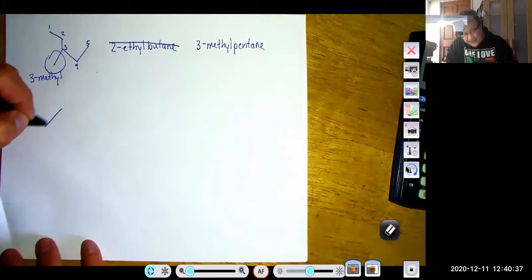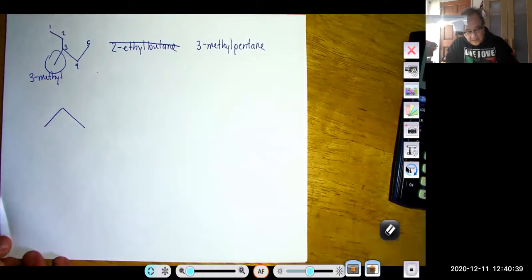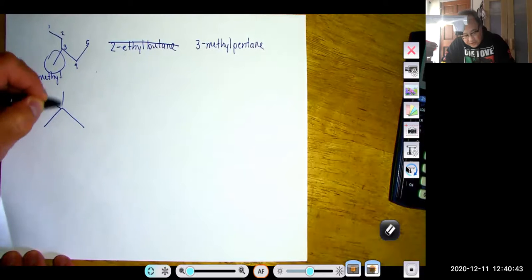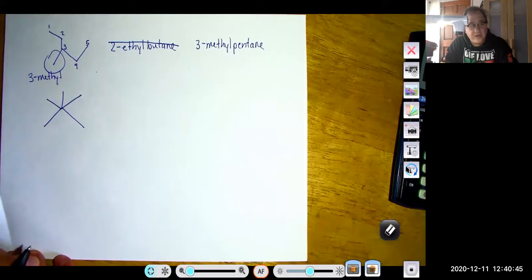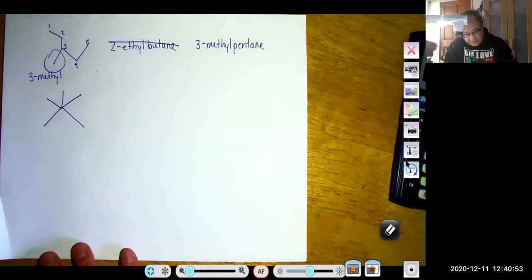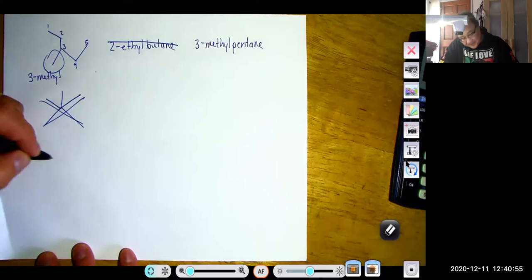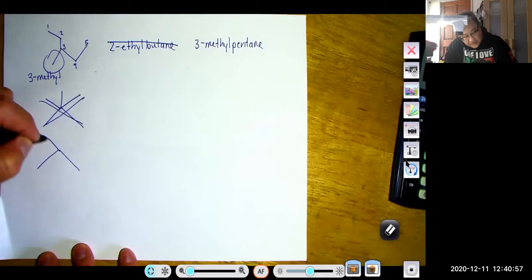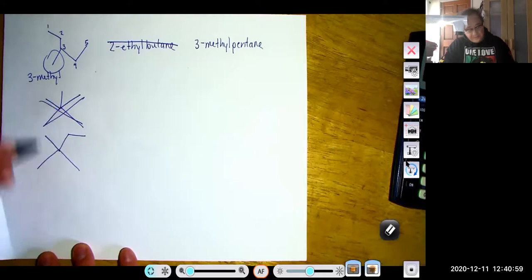How about 3? Let's try 3. I have to add 3 more carbons to this. 1, 2, 3. Does that work? This is a yes or no question. Is this okay? No. How about this? 1, 2, 3.